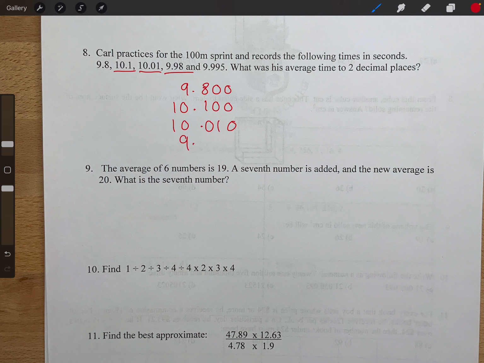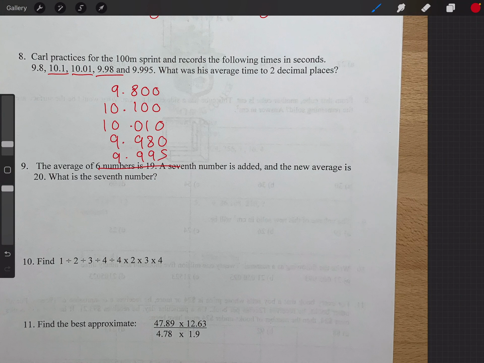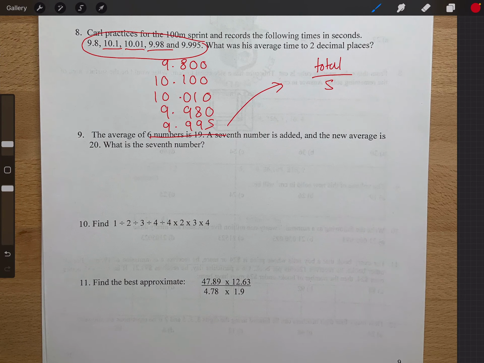Next one is 9.980 and the last one is 9.995. Alright, now you can add them up, right? So once you add them up, whatever the total is, to find the average we add up the 5 numbers and then we divide it by 5. So find the total and then divide it by 5, do long division, then you get the answer.